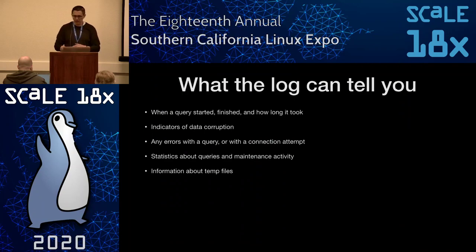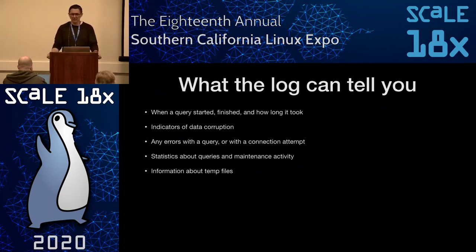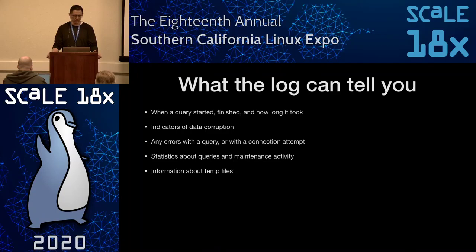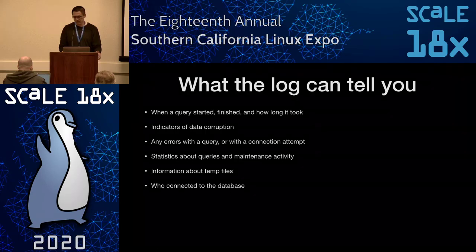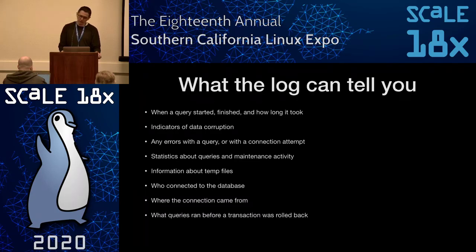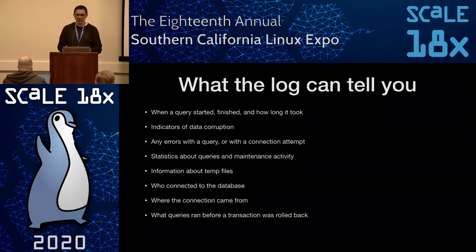It can tell you information about temp files. So if you're spilling to disk and you have high I/O on your system, and you see temp files being logged, you know that something's wrong with your sorts. It can also tell you who connected to the database, where the connection came from, and what queries ran before a transaction was rolled back. That's actually very useful.